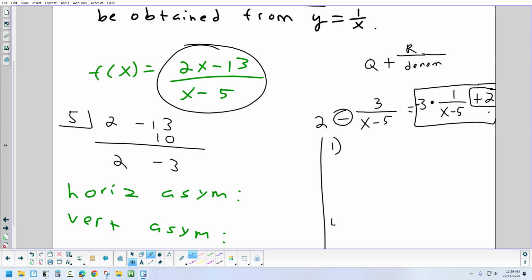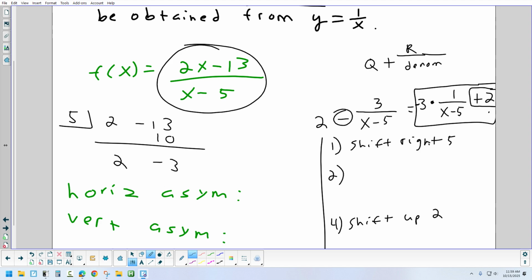I'm going to put that as the last one. So shift up 2. So it is right. It's just not the first one we have to describe. Yeah? Horizontal shift to the right by 5. Yep, that's the first one. So shift right 5 units.